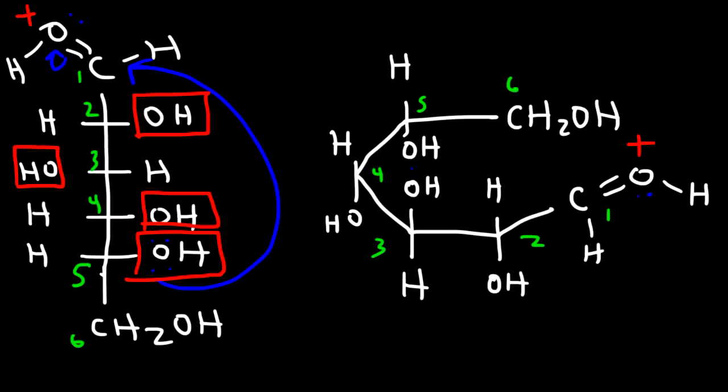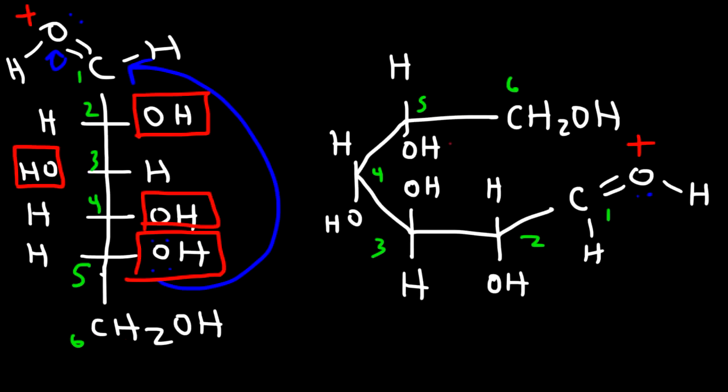Now, in order for the OH group to attack the carbonyl carbon, it has to be in the right position. It has to be in this position. So we need to replace these two groups. So what we're going to do is rotate this portion of the molecule in a counterclockwise direction.